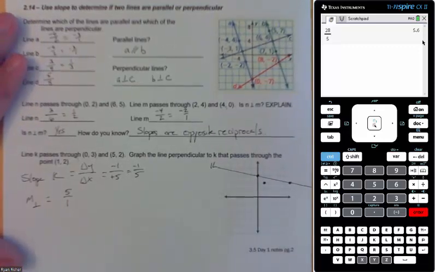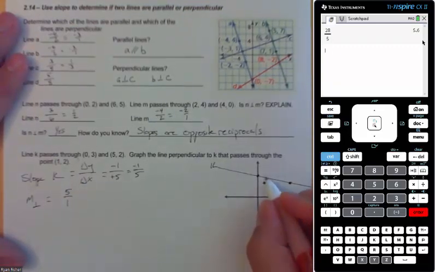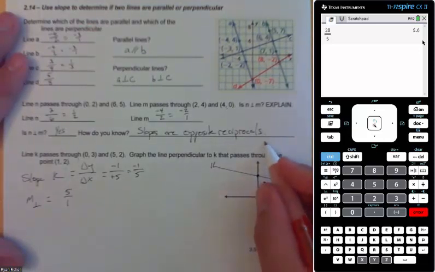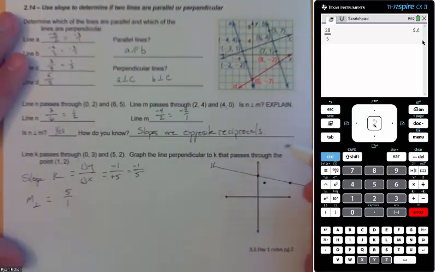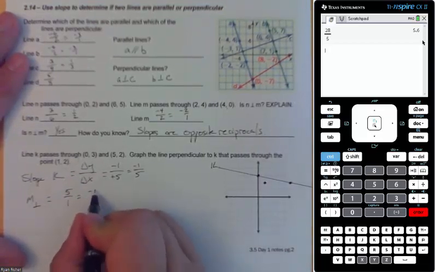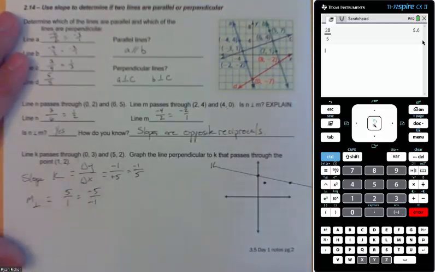So let's finish this. Let's draw in this line that has a slope of 5 over 1 and starts at this point. So I could go 1, 2, 3, 4, 5, and over 1. I'm off the graph paper. It's not going to be very precise. How about instead of going up 5 and to the right 1, I go down 5 and to the left 1, because two negatives make a positive.